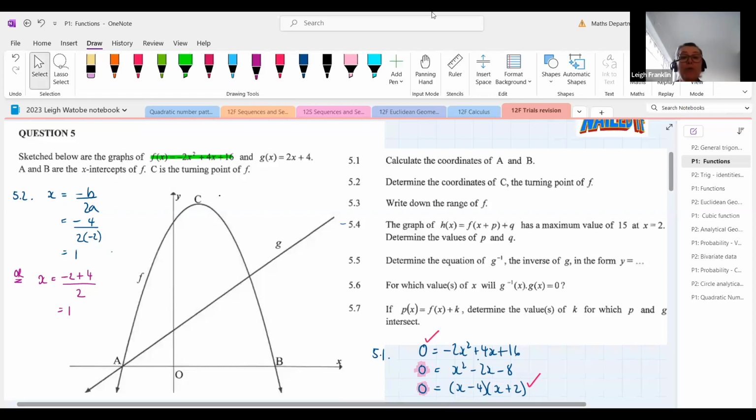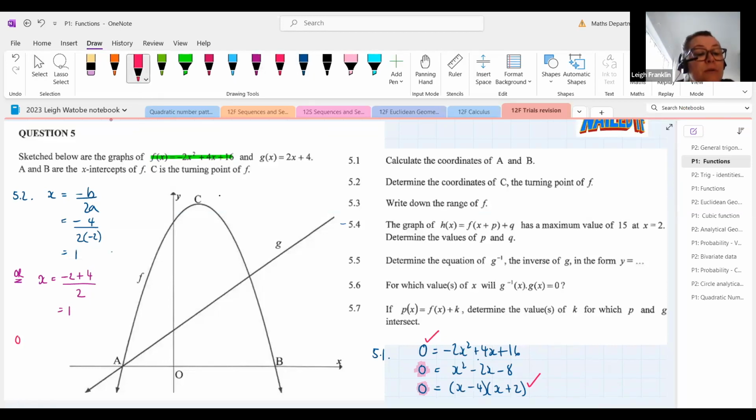The third thing that you can do here, your third option, is to use calculus. Which I think is probably a bit longer than these two, but you can go f prime x, and you'd end up with negative 4x plus 4. The gradient at the turning point is 0.